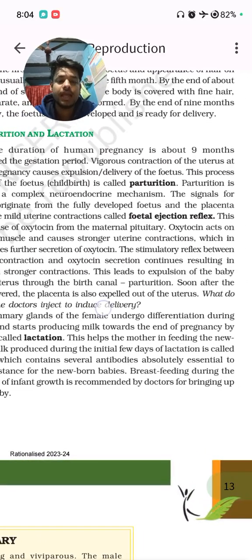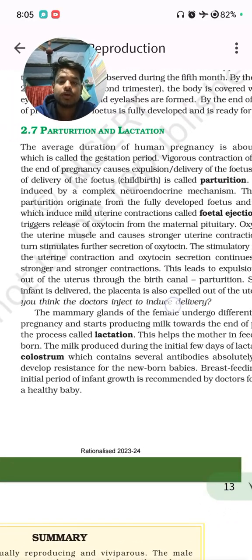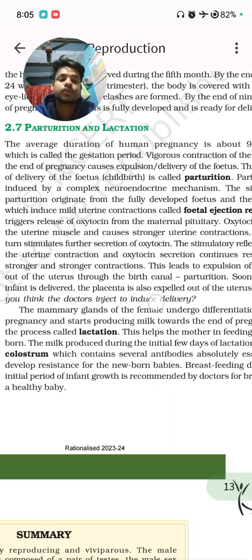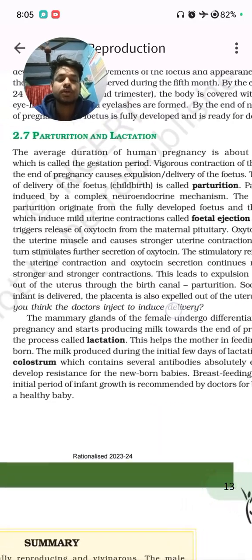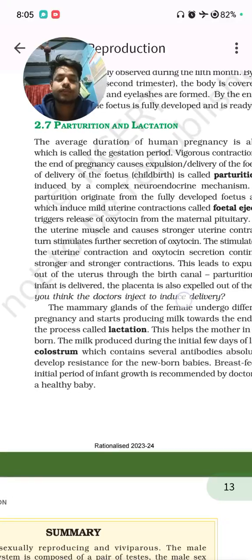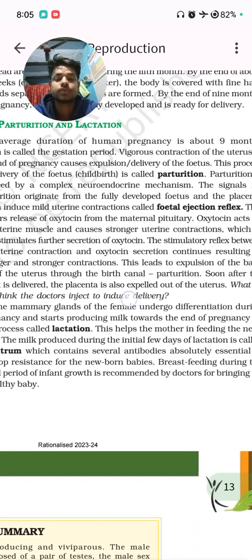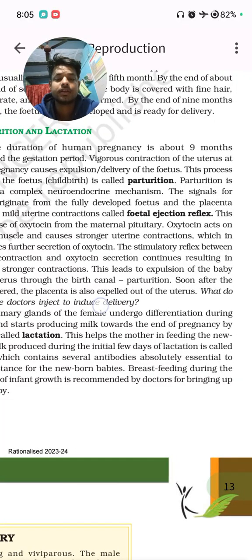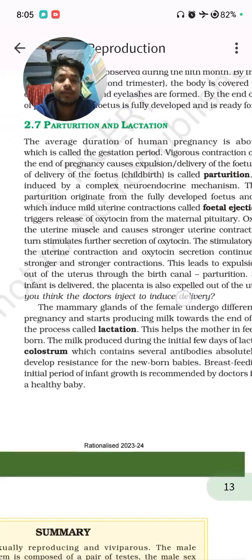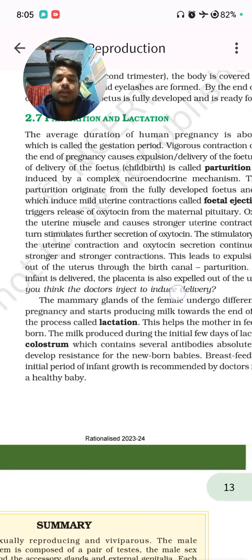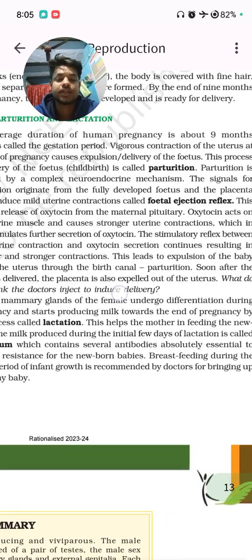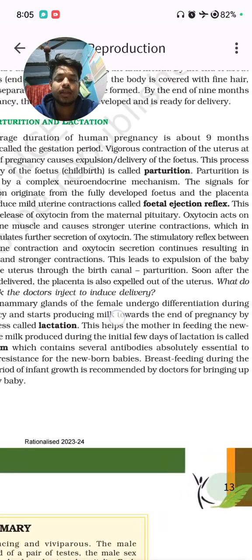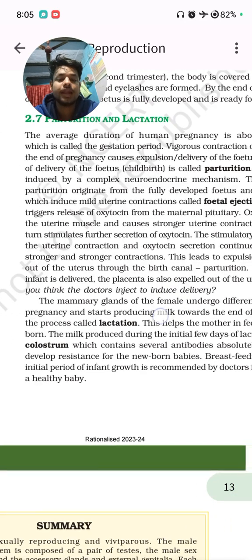Oxytocin acts on the uterine muscle and causes stronger uterine contractions, which in turn stimulate further secretion of oxytocin. This similar reflex between uterine contraction and oxytocin secretion continues, resulting in stronger and stronger contractions.